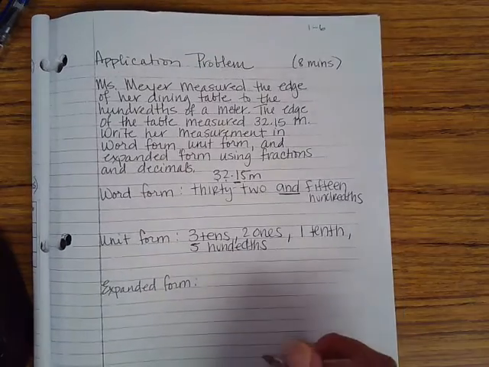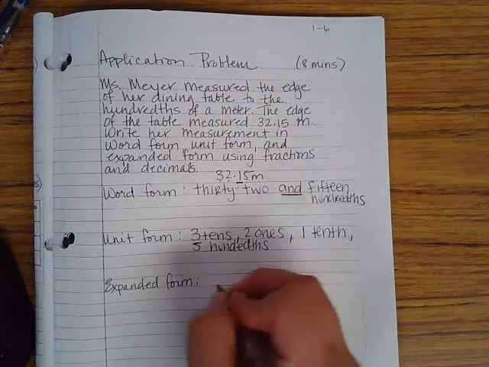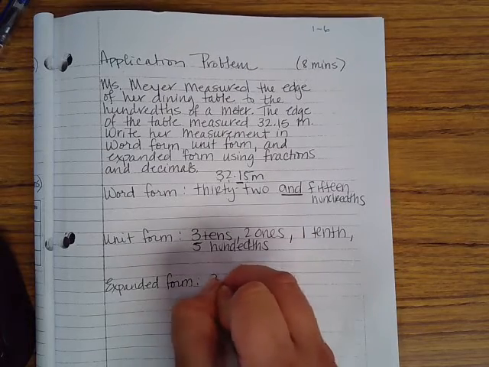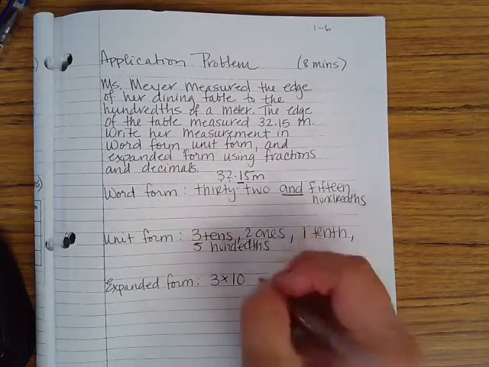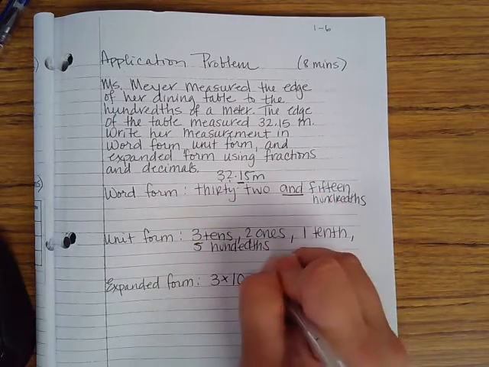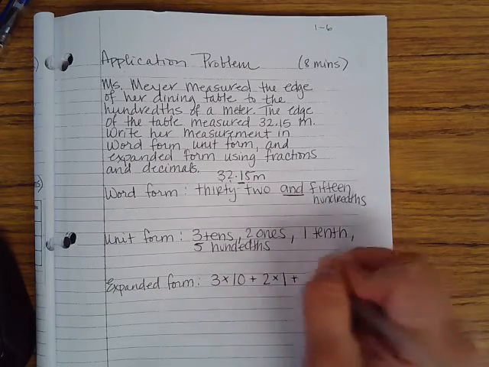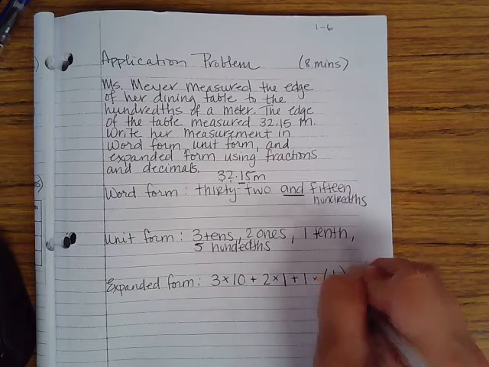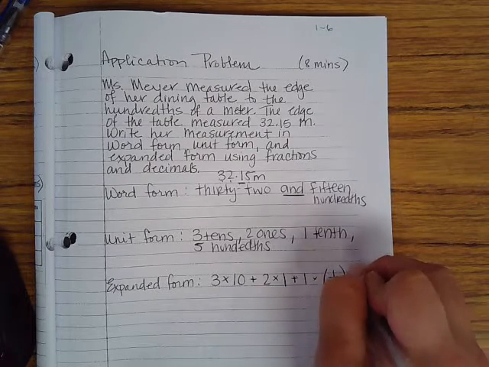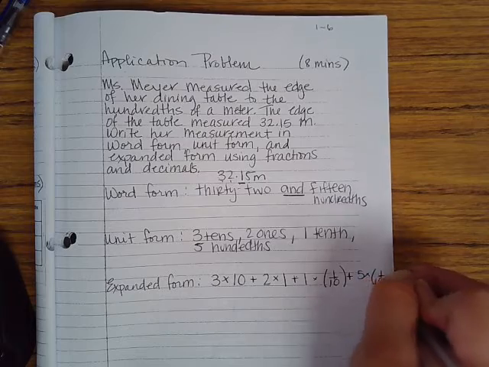All right. We'll do the fraction form of the expanded form right now. So we have 3 times 10, because the 3 is in the tens column, plus 2 times 1, plus 1 times 1/10, plus 5 times 1/100.